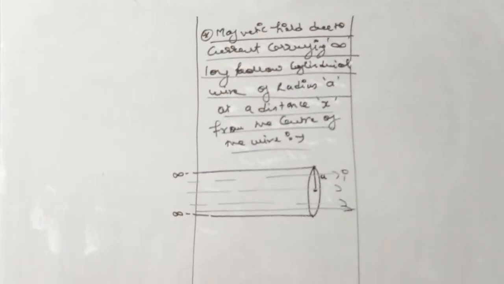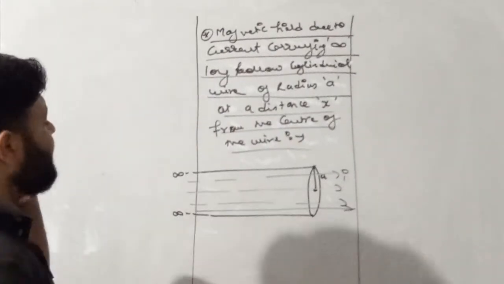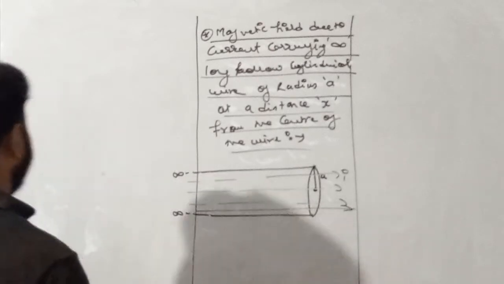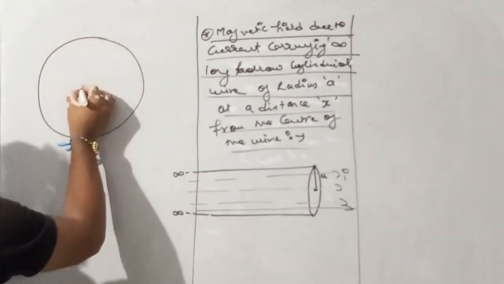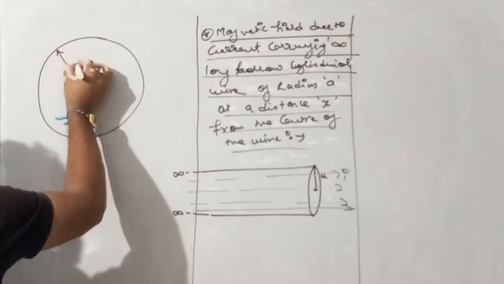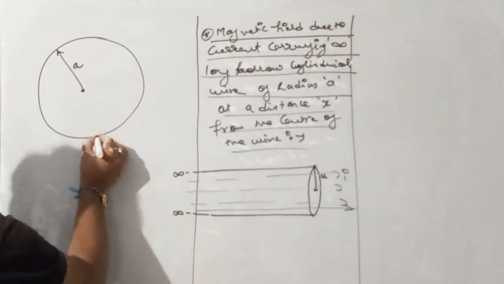So see, my dear student, we have a hollow wire whose radius is a. In the hollow wire, the current flowing is I, and we want to find magnetic field at any point P, which is x distance apart from the center of the wire. Now if I say its front view, this is basically nothing but front view of this hollow wire whose radius is a.